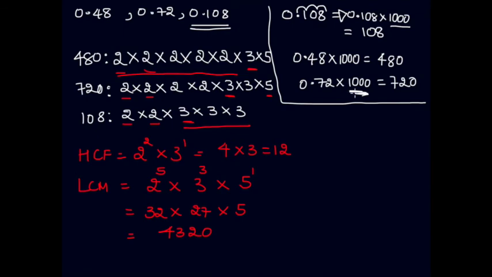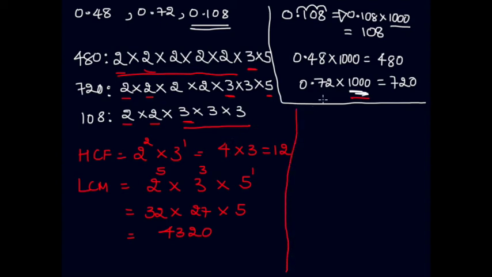Now, why I had asked you guys to remember that we have multiplied by 1000 is because we have to divide all these results by 1000. Since to start off with, we multiplied it by 1000, we have to reverse that process.